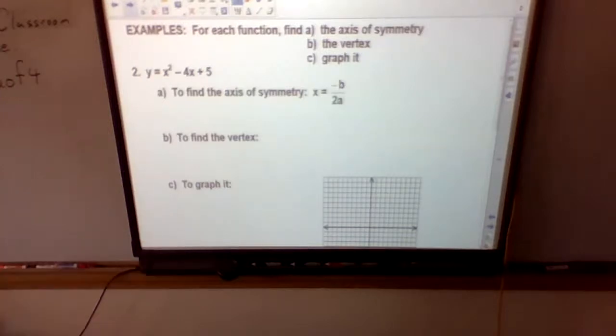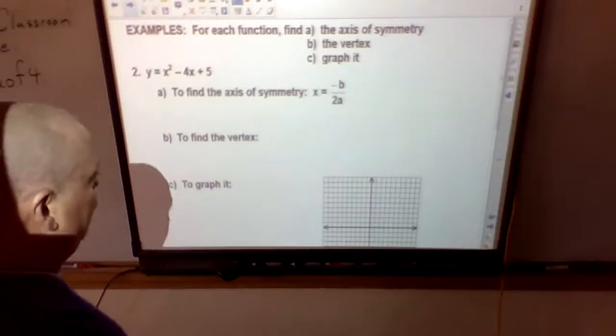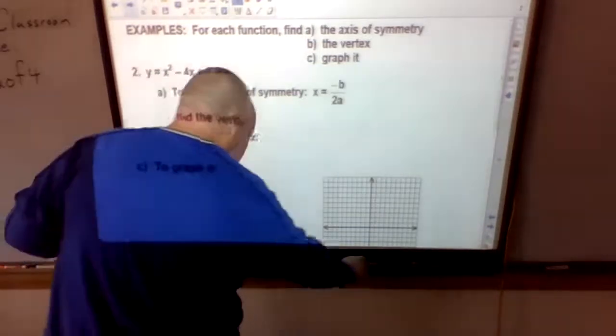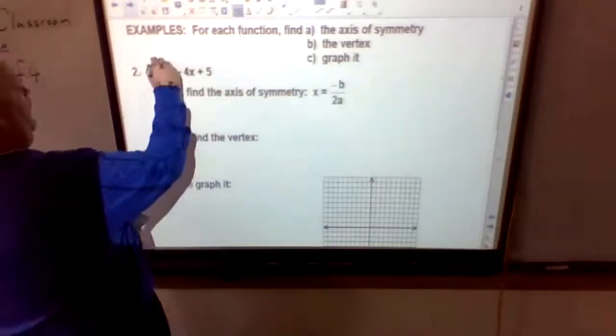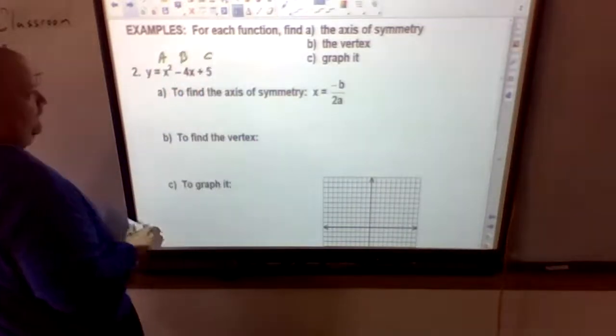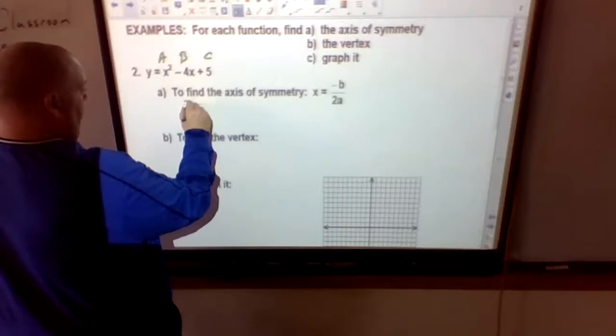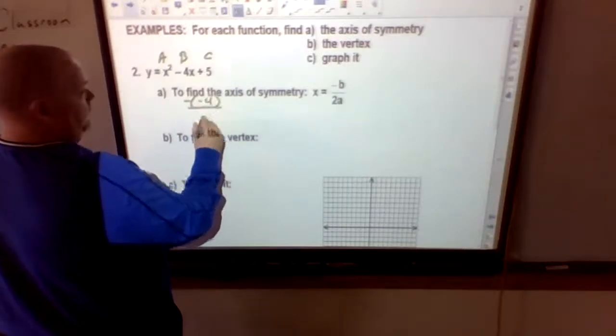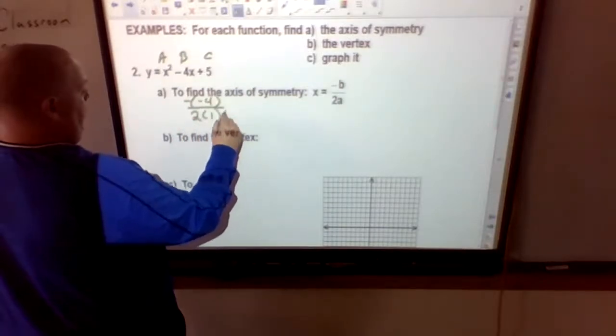So here's a formula they give us. This is how we're going to find the axis of symmetry. It's going to be negative b divided by 2a. So here's your a, there's b, there's c. So it's going to be negative 4 divided by 2 times 1.